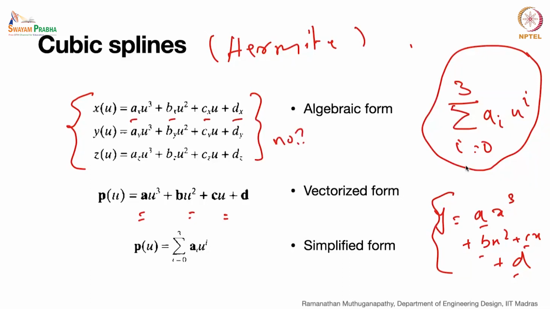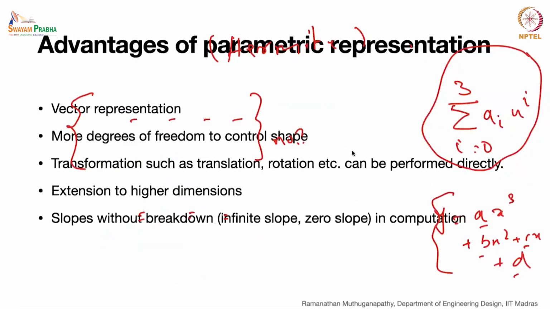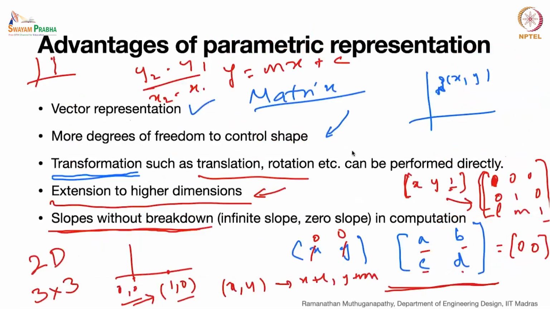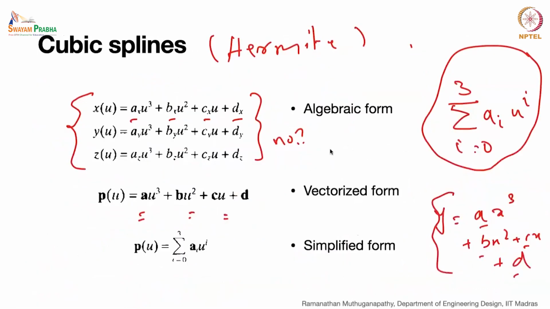This is the point that I talked about in the previous slide: more degrees of freedom to control the shape. In parametric representation you get 12 coefficients as opposed to the usual 4. When you go with a different form of representing the same cubic equation, you get more coefficients that you can manipulate.